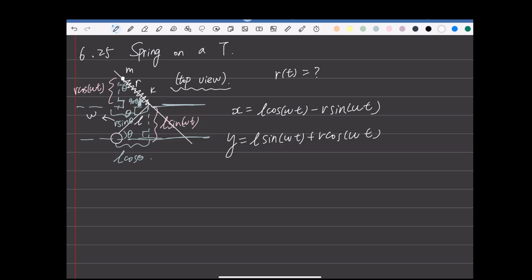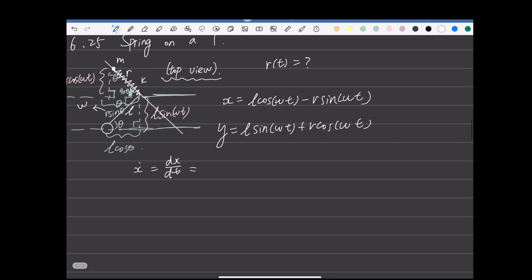Now let's get the expression for x dot, which is basically dx/dt, how x changes with respect to time. Let's look at this term first. Is L a constant or a variable? It's obviously a constant, right? Since it's basically the length of the rod here, and it wouldn't change. So we're left with this cosine omega t, and after differentiation with chain rule, we get negative L omega sine omega t.